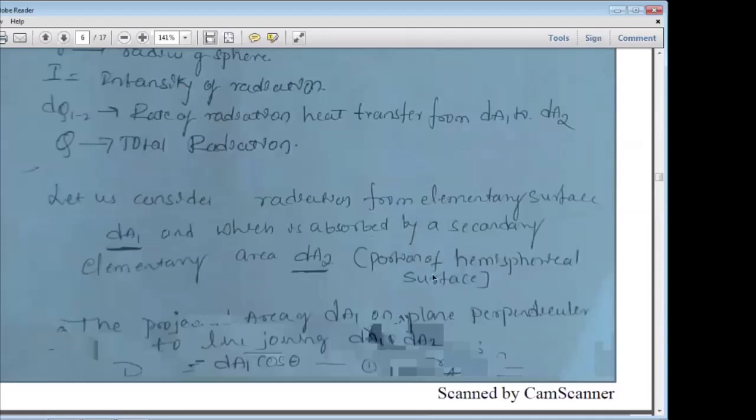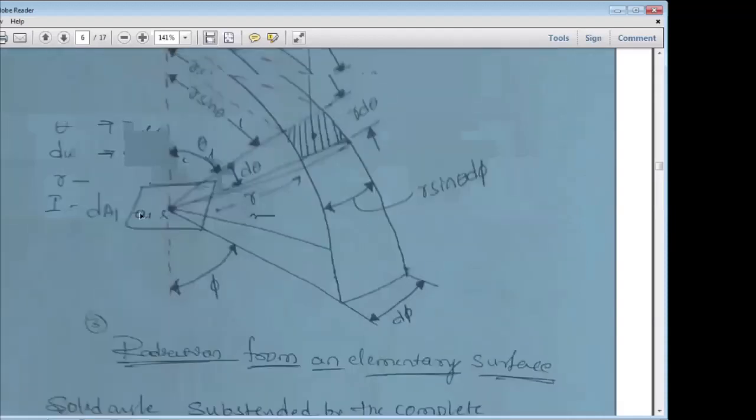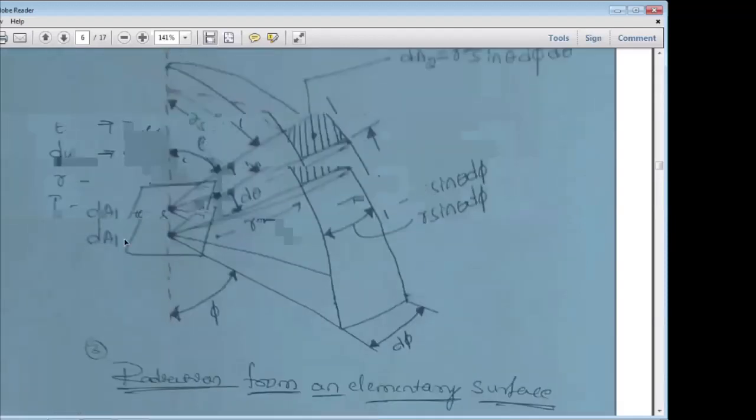Then one thing you need to identify is the projected area of dA1 on a plane perpendicular to the line joining dA1 and dA2. That means the projected area of dA1 in the line of radiation between dA1 and dA2, perpendicular to that line.